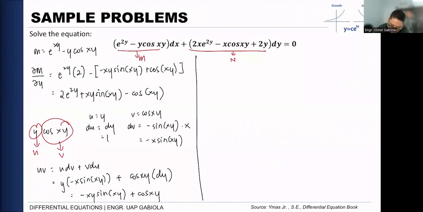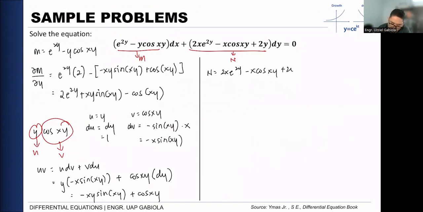N natin is equals to 2x e2y minus x cosine xy plus 2y. Okay? Partial ni n with respect to x. So, ano mangyayari dito sa first term? What will be our answer? Ito. So, in terms ni x tayo, ibig sabihin si e2y is constant. Okay? Tapos derivative lang ng 2x na pupunin mo.